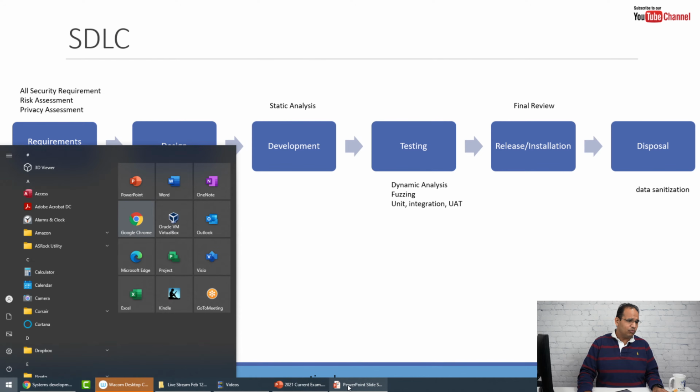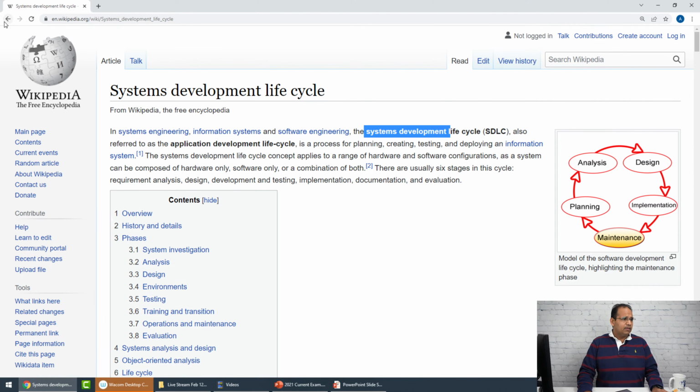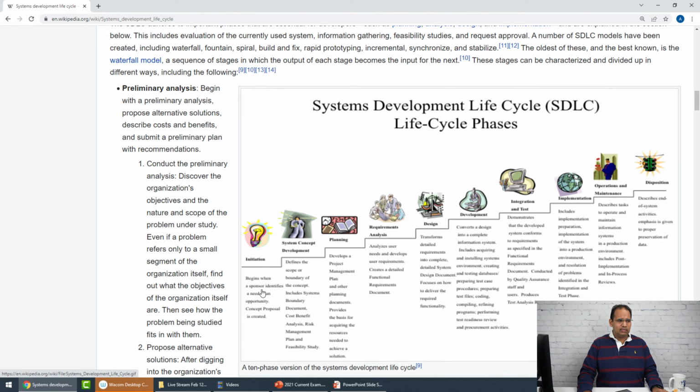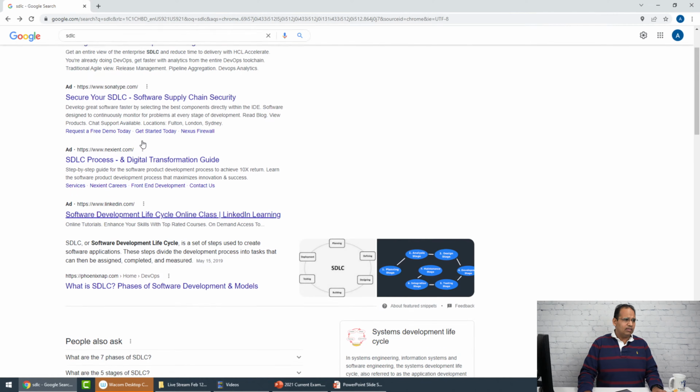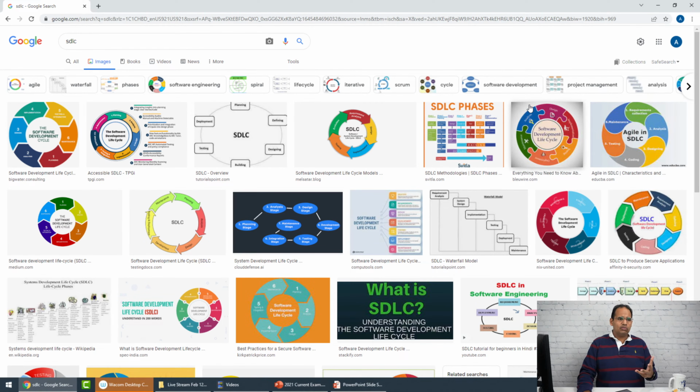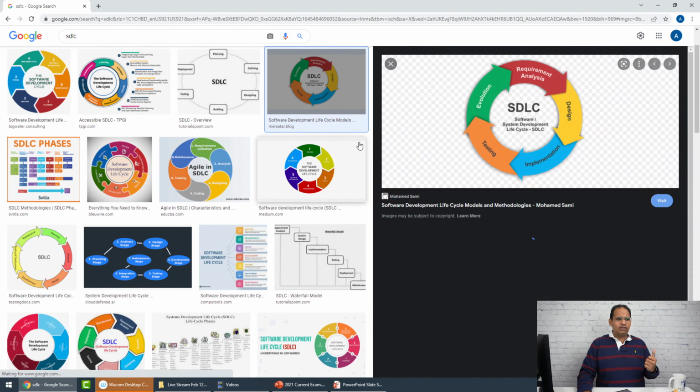To show you what I mean, if we go back here to the famous Google, and you look at the big one on Wikipedia, it's initiation, development concept, planning, requirements, design, develop, test, implementation. Then if you do an image search of SDLC, you'll notice that it's different phases.